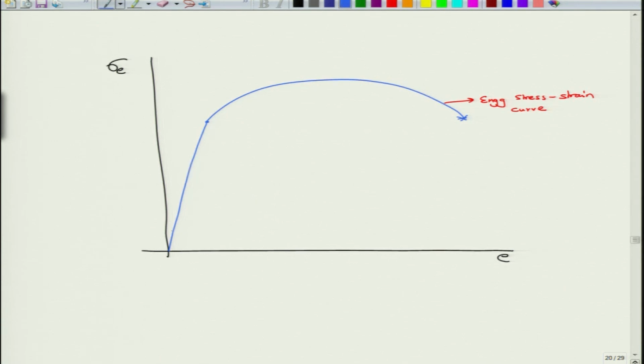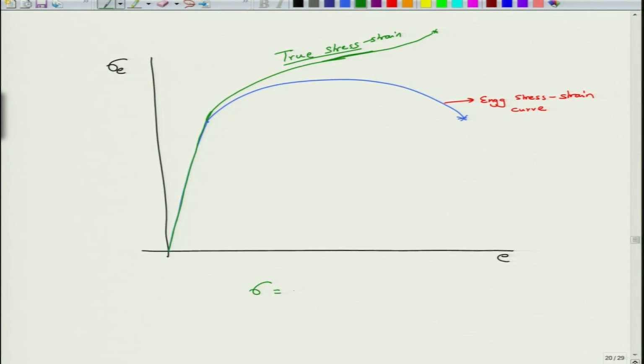When you want to get the similar plot for the true stress strain, it follows similar behavior nearly up to the yield point, because they are very small strains, and then it basically keeps increasing before it fractures the material. So, this is the true stress strain curve. In the true stress strain curve, the stress always keeps increasing, okay.